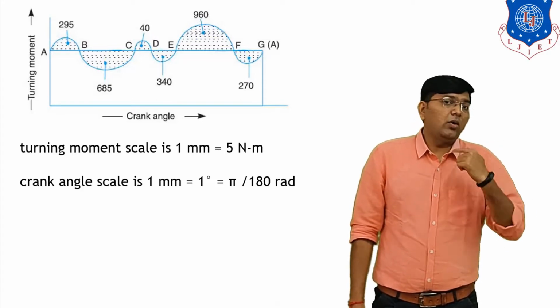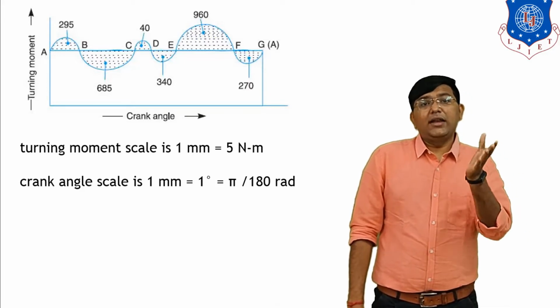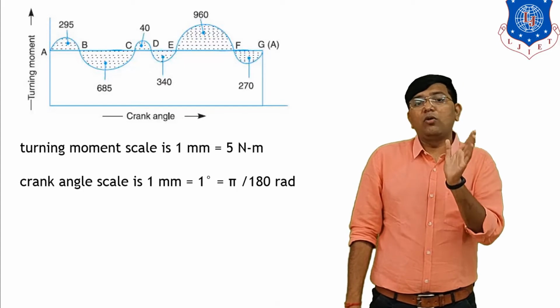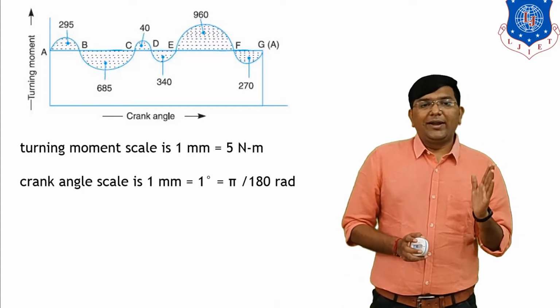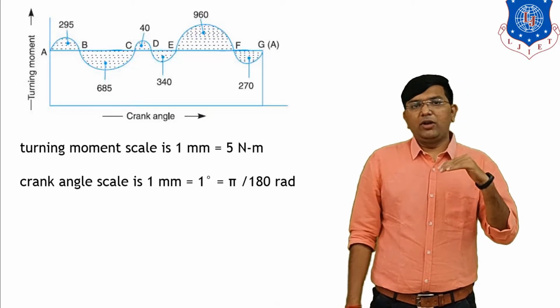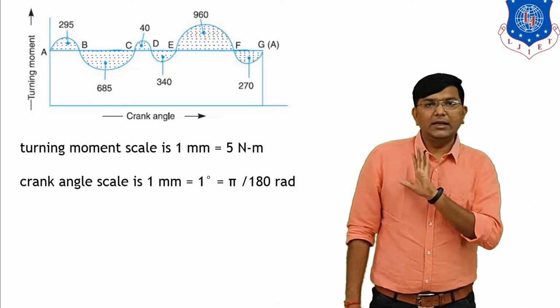Now you have to convert this degree into radian. To convert any value into radian, you multiply by pi by 180. So for the vertical scale, 1 mm is equal to 5 Newton meter, and for the horizontal scale, 1 mm is equal to pi by 180 radian.